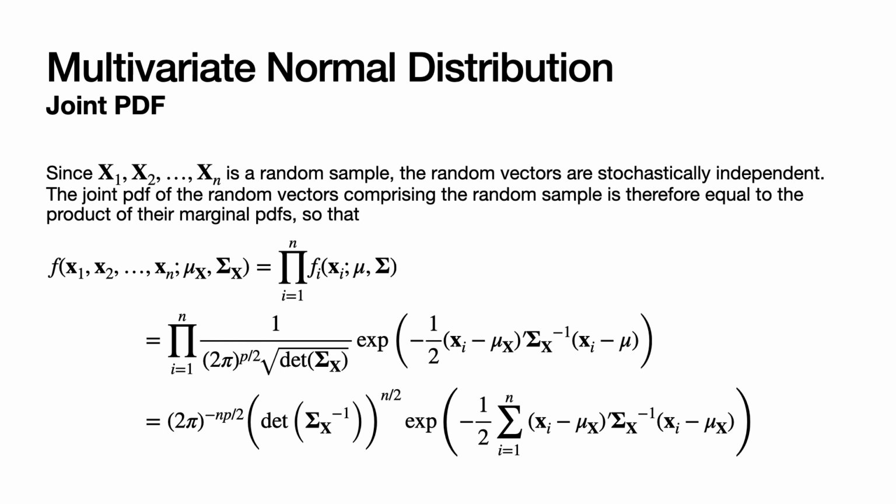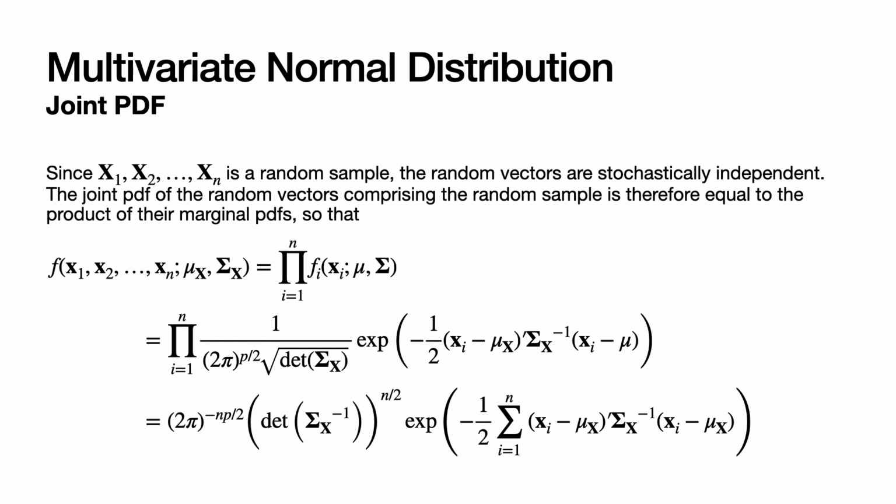The joint PDF of these n random vectors comprising the random sample is therefore equal to the product of their marginal PDFs, so that the joint PDF of this random sample of p by 1 vectors is given by f, evaluated at bold x1 through bold xn as arguments, with mu sub x as the mean vector and capital sigma sub x as the covariance matrix.